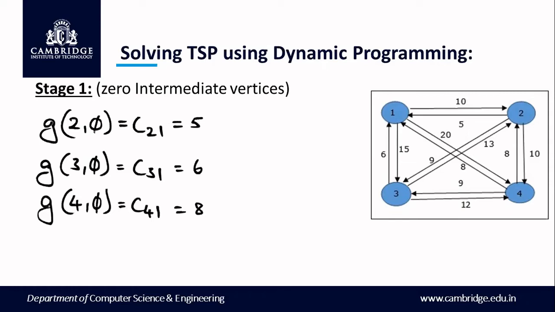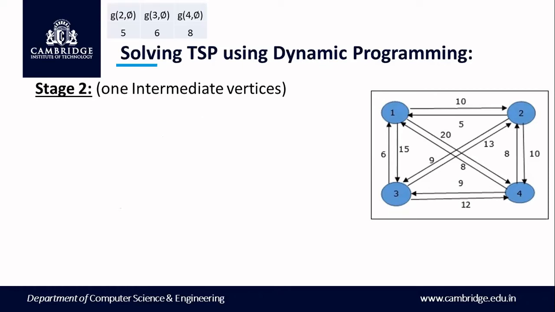In the same way, G of 4 comma null indicates the connectivity cost of 4 to 1, which is given as A. So this is stage 1, where no intermediate vertices are involved when reaching the source vertex from the other vertices. It's a direct edge. We utilize this information for the next upper level, where we say that one intermediate vertex will be used to connect back to the source vertex.